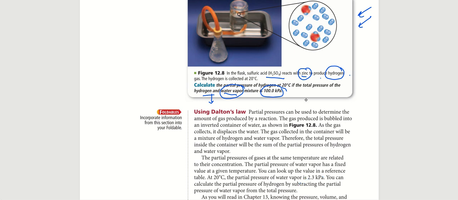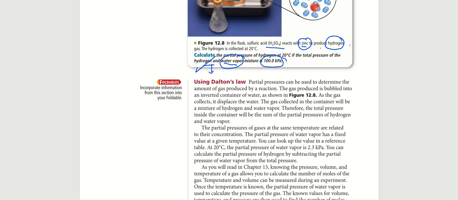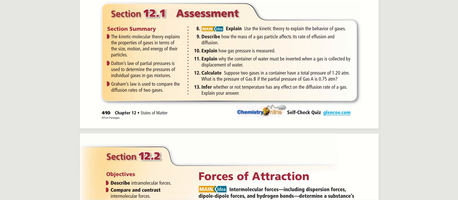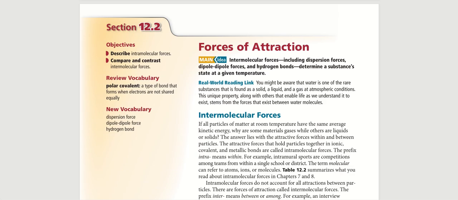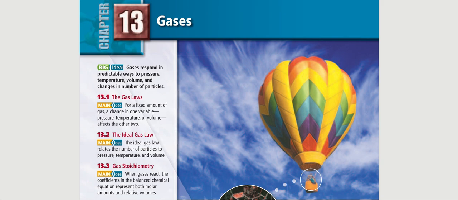So by subtracting 2.3 kilopascal from 100, you will just get the hydrogen easily. Okay? By this, alhamdulillah, we have finished unit 1. Okay, we can go to another learning objective, and the other learning objective will be the gas law.